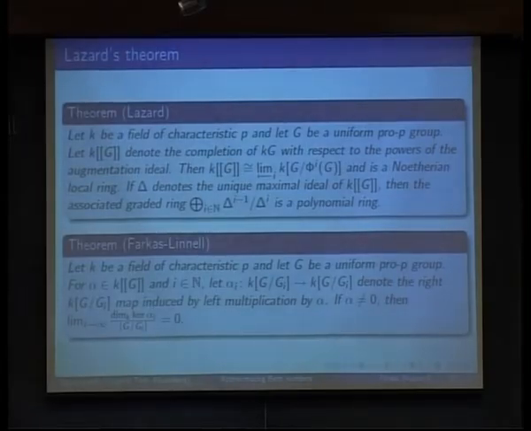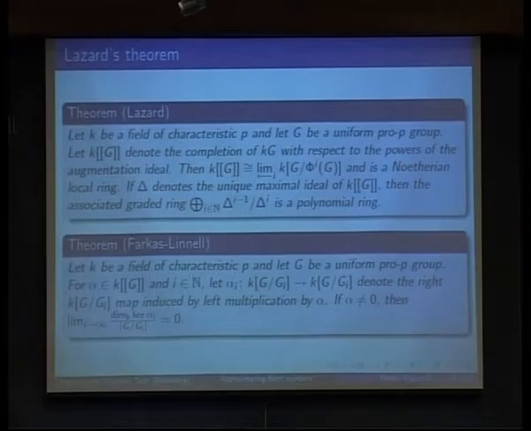So from this you can deduce this result. If you have G a uniform pro-p group, and an element alpha in a matrix algebra over K[G], you let alpha i denote the maps modulo G_i.